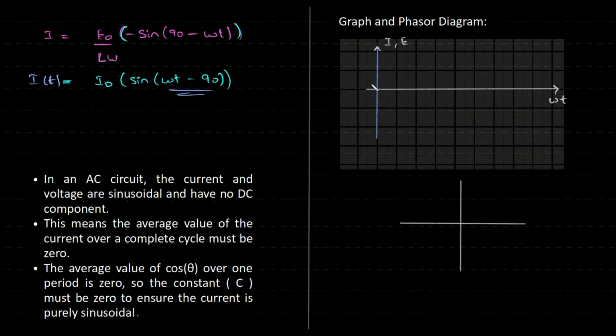Okay, now let's look at the graph per se. We have the current and voltage versus omega t. Let me do it properly. It would be something like this. Agree?